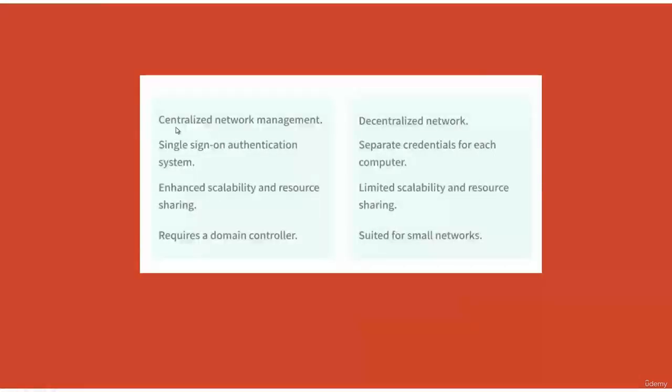Active Directory: centralized network management, single sign-on authentication system, enhanced scalability and resource sharing, requires a domain controller. Workgroup: decentralized network, separate credentials for each computer, limited scalability and resource sharing, suited for a small network.